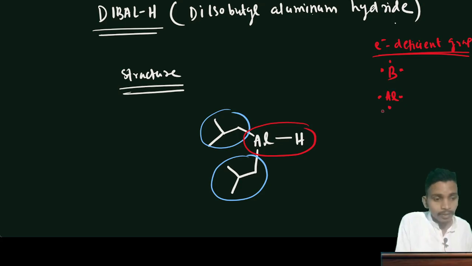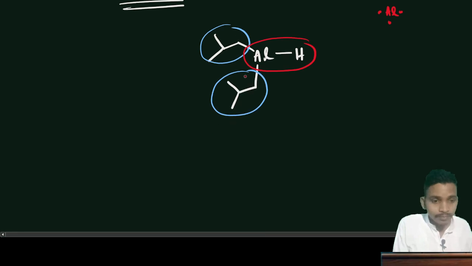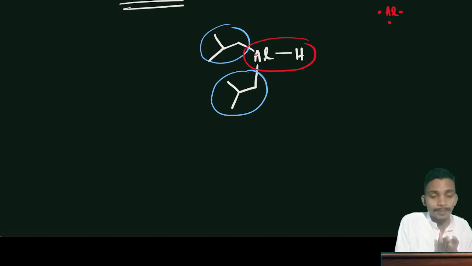After sharing all the valence electrons, it is still electron deficient. So these are all electron deficient groups. Now, what is interesting if they are electron deficient? This aluminum hydride is an electron deficient group, and whenever a group is electron deficient, it is a Lewis acid.